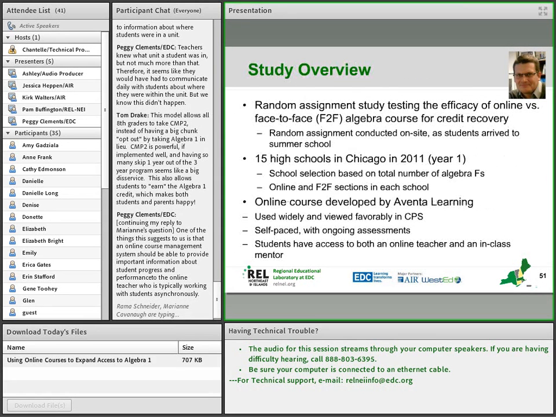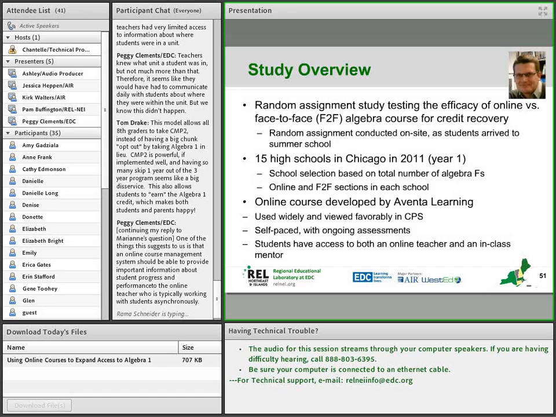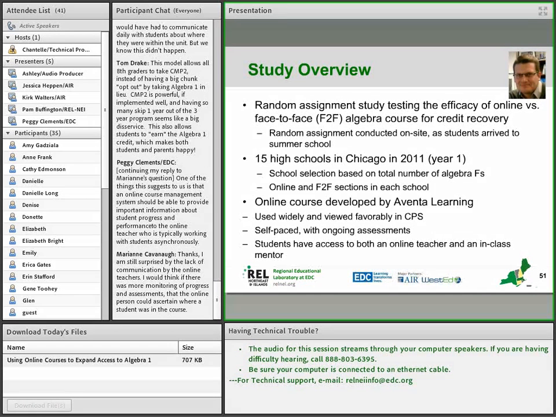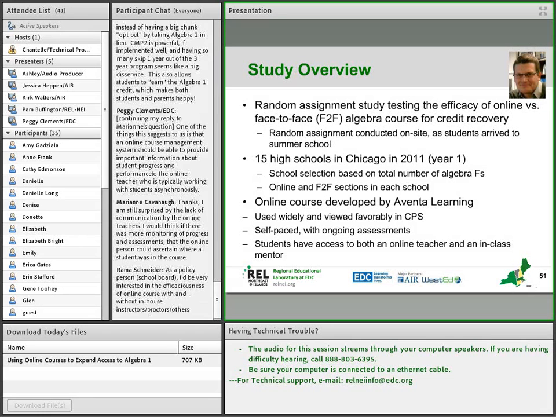That's pretty much most of the time when they showed up to school, when they were on the course. In terms of the design, this is also a random assignment design. However, we focused on the students. We randomly assigned students within each of the 15 schools that participated last year into either the online course provided by Aventa or the face-to-face course, which was taught by whichever algebra teacher the school decided wanted to teach that summer.